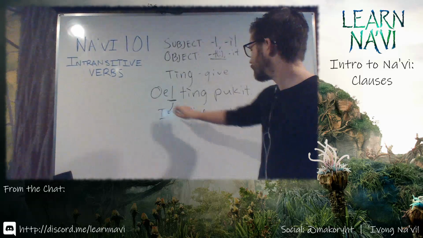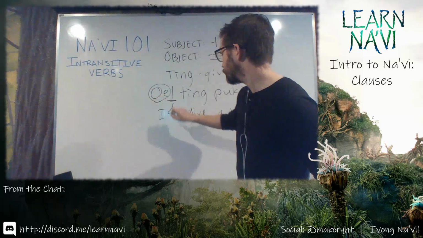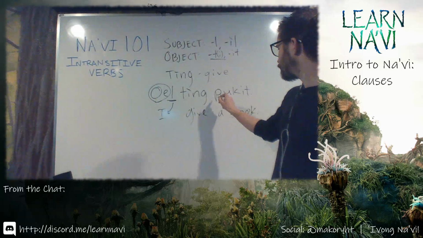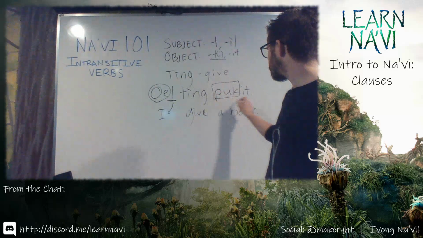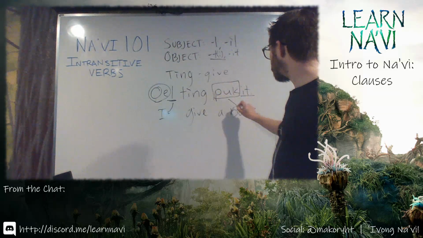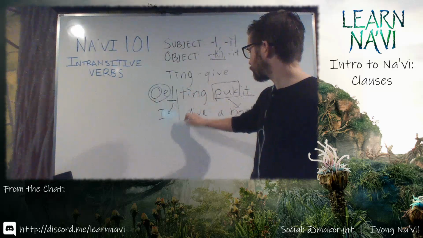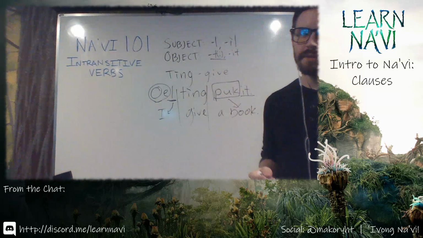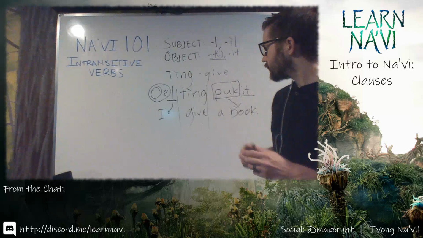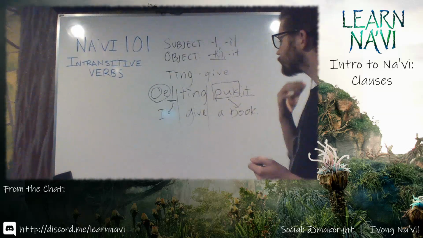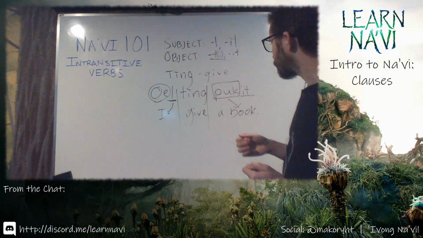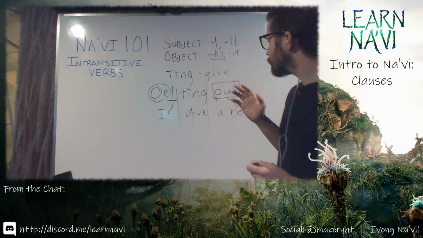That's I. This is I. We have the object of our sentence has this case ending, so that's going to be book. And then we have our verb give. Okay, so this is transitive verbs.